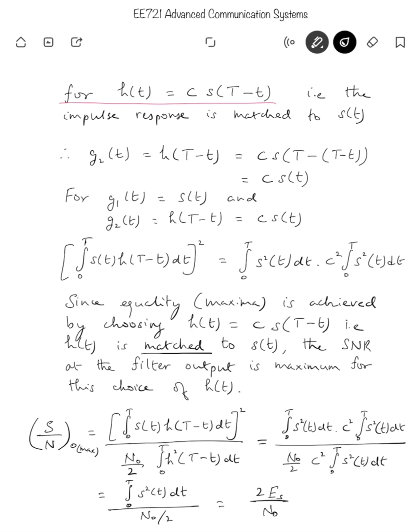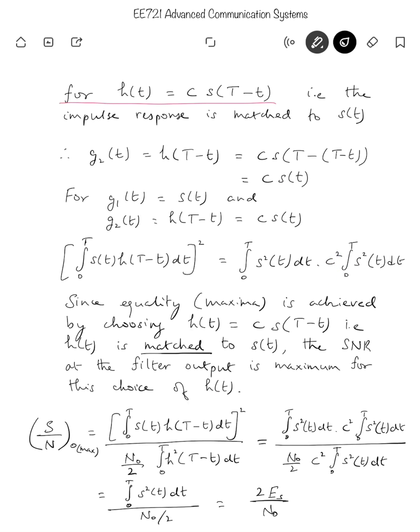So substitute that, and under that condition, because we have chosen g2 to be some scaled version of g1, the equality holds. So the inequality in the Cauchy-Schwarz is now an equal sign here, because we have chosen g2 of t to be proportional to g1 of t. And now we clearly see that it is s squared of t, that's the energy of the signal, and that's also the energy of the signal, and the proportionality factor c has been squared now.